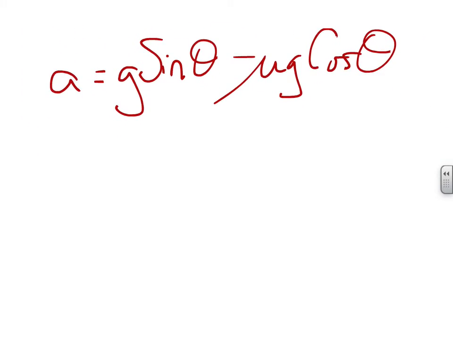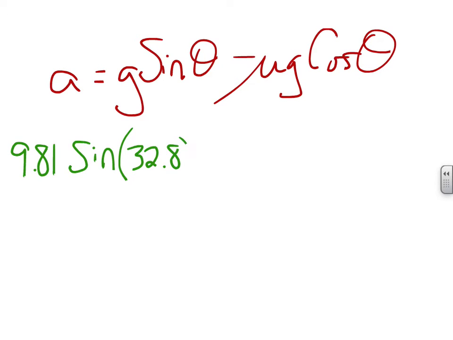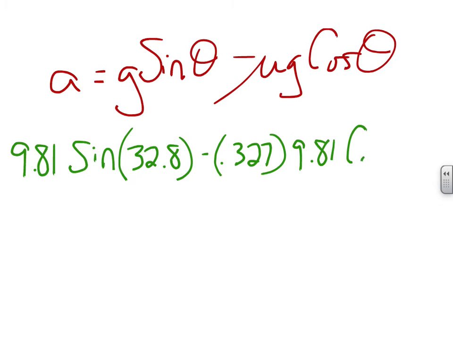Of course, we know that G is 9.81. Then we're going to take that times the sine of the angle, which we said was 32.8, minus the mu, which was 0.327, times G again, 9.81, this time times the cosine of 32.8.